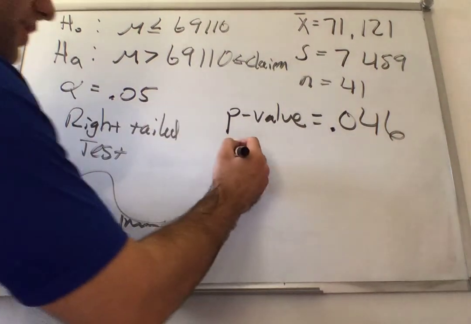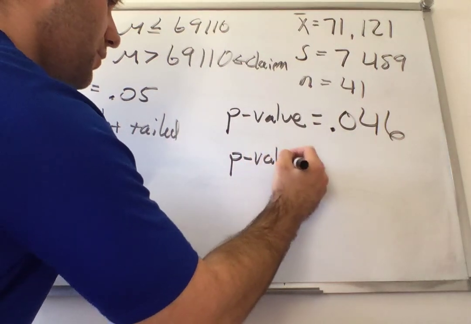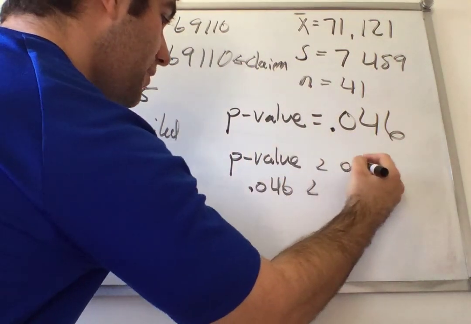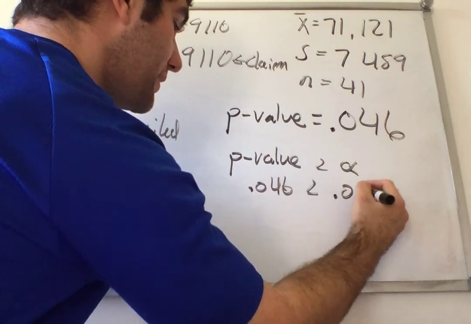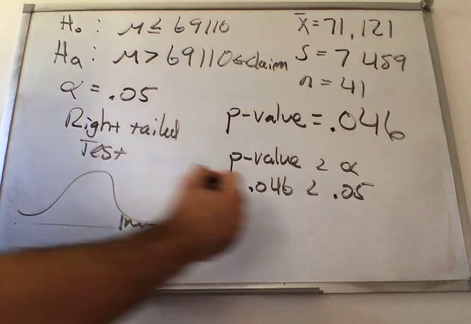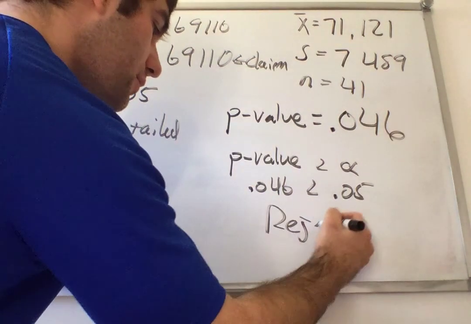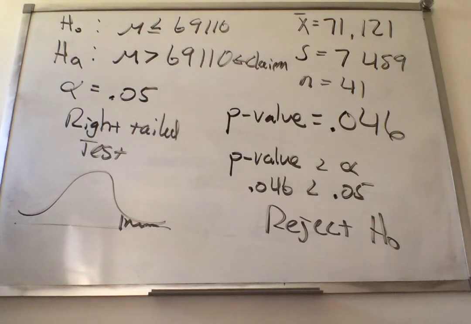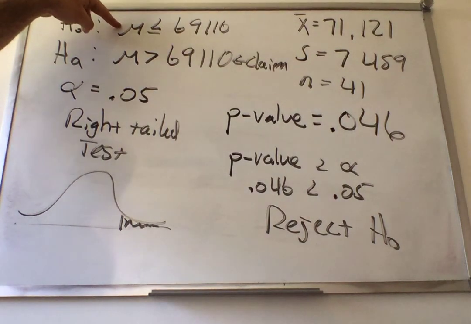Again, if we look, our p-value, which is 0.046, is less than our alpha value, which is 0.05. We come up with the same conclusion. Reject our null hypothesis. Okay? So that just means that, remember, we assume the null hypothesis is true.